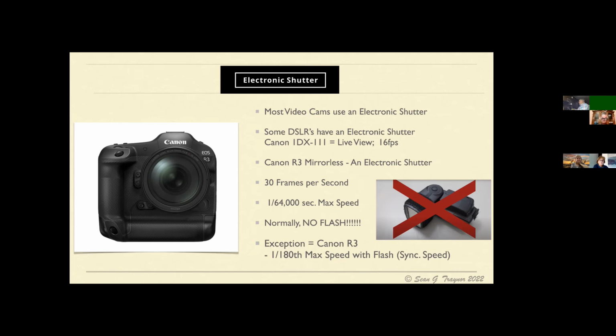The new Canon R3 can do it, but with a maximum shutter speed of 1/180th of a second. And the reason is that this has new chips which can be read very quickly. And this will be the future of mirrorless cameras. So this is the first mirrorless camera that in fact can use a flash with electronic shutter.